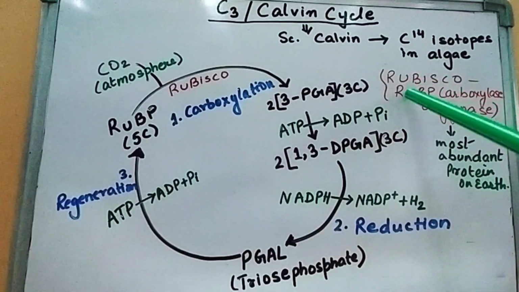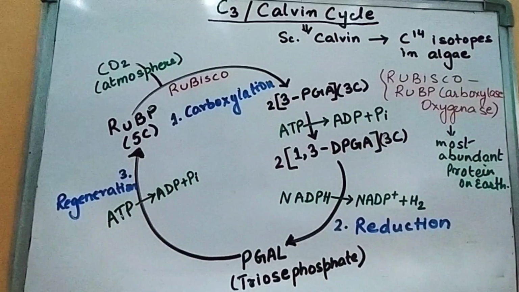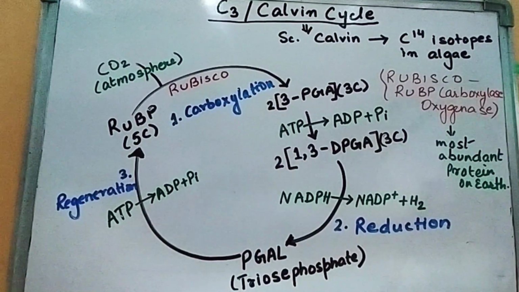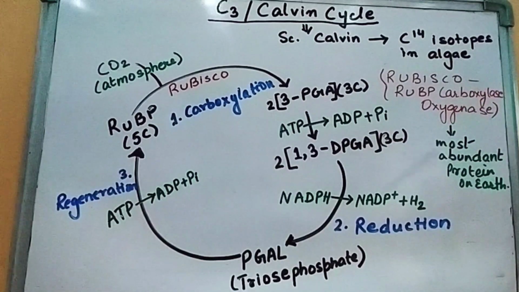What is the full form of Rubisco? RuBP carboxylase oxygenase. This enzyme has a very good affinity to bind with both carbon dioxide as well as oxygen, hence the name RuBP carboxylase oxygenase. And it is the most abundant protein found on Earth.